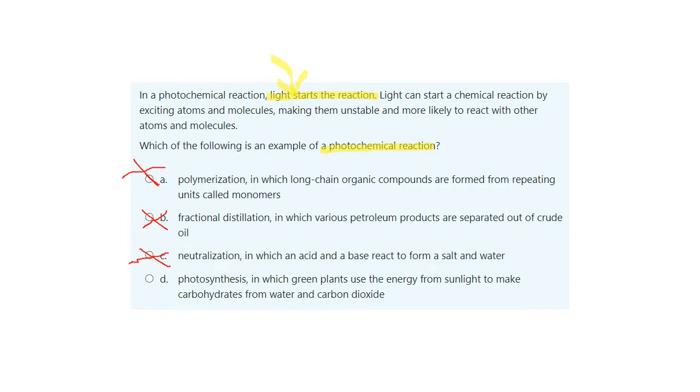There is nothing about light. Photosynthesis, in which green plants use the energy from sunlight to make carbohydrates from water and carbon dioxide. The reaction is started by the energy from the sunlight. Light starts the reaction. Answer D must be correct.